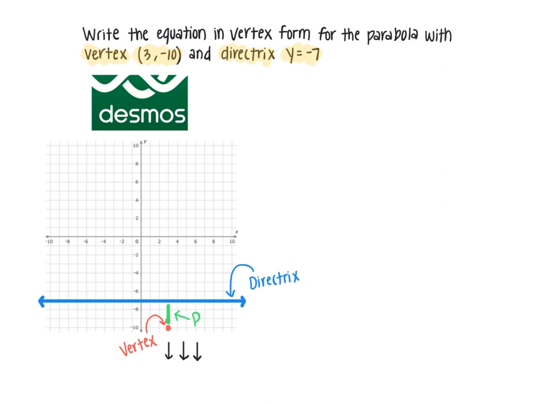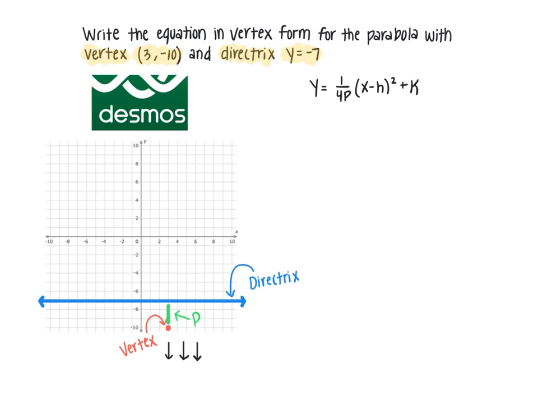So I'm going to start by writing the vertex form of a vertical parabola, which, as we recall from the second slide, is y is equal to 1 over 4p (x minus h) squared plus k.